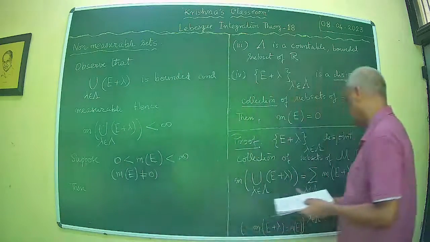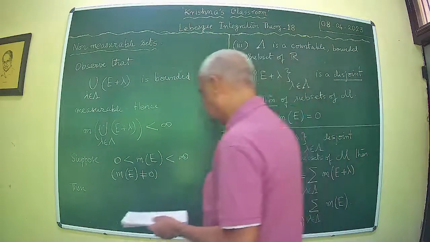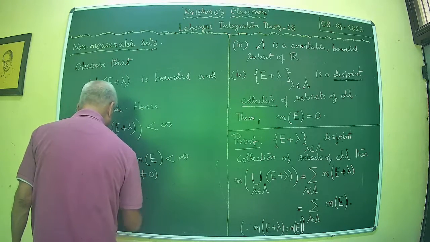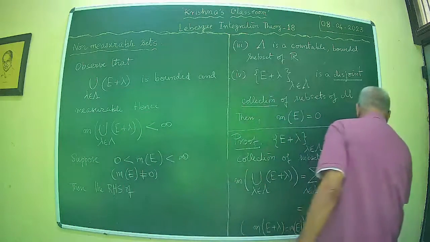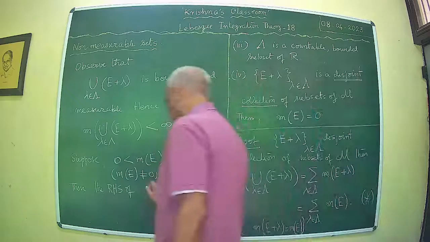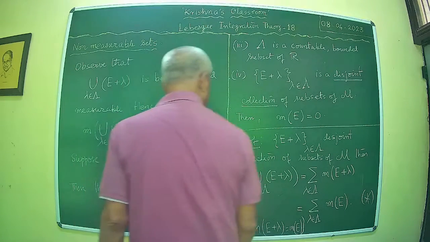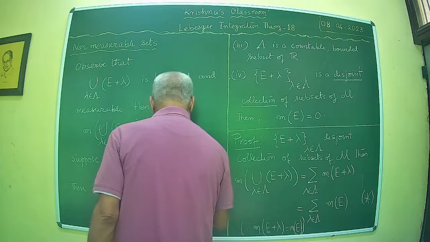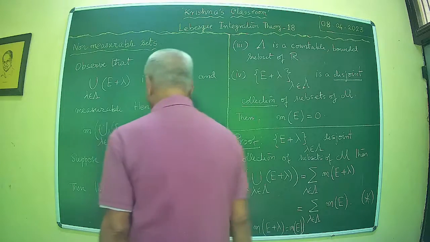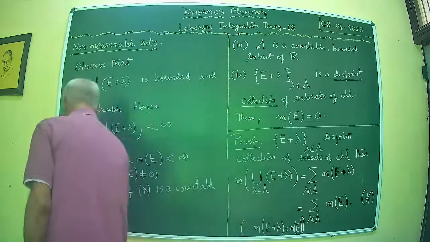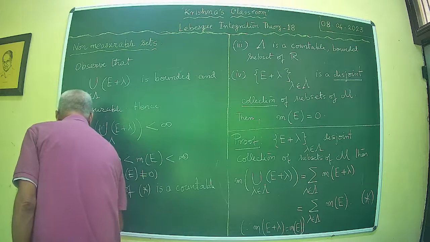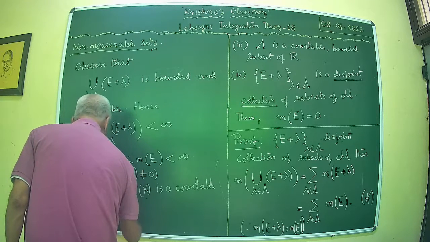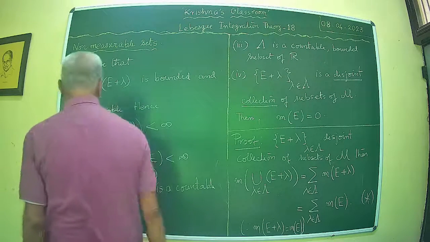From this relation, see that the RHS of star is a countable sum of positive terms.